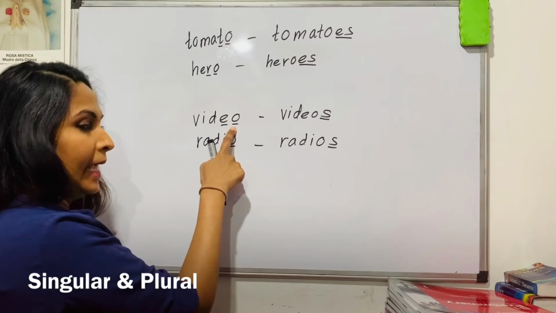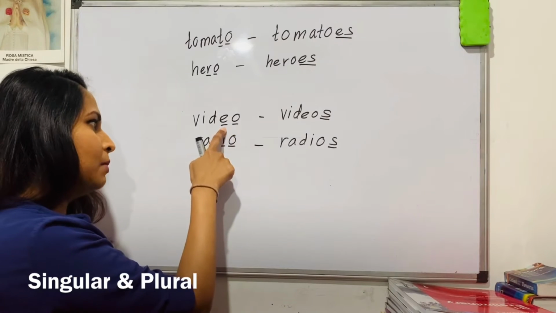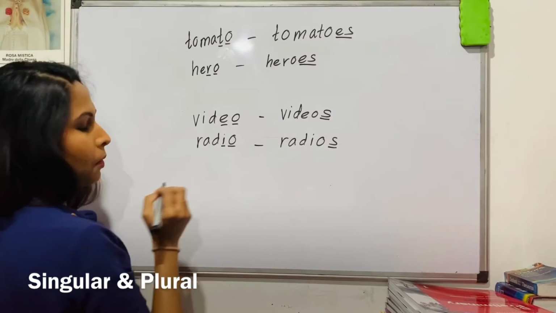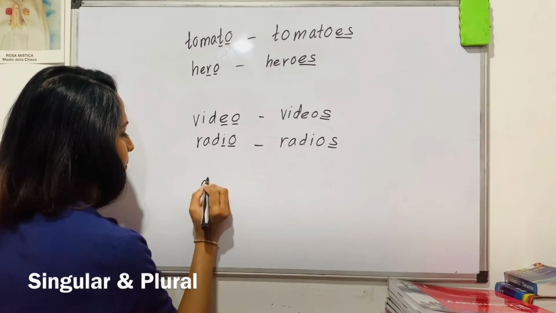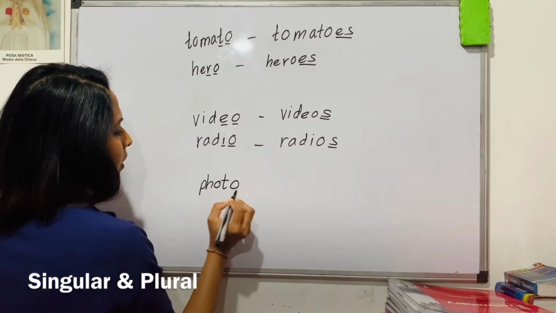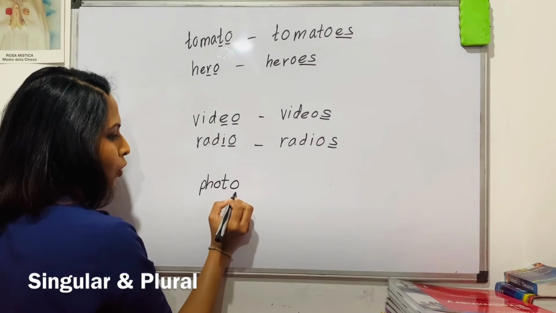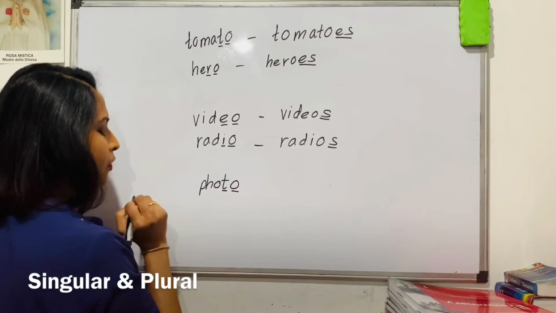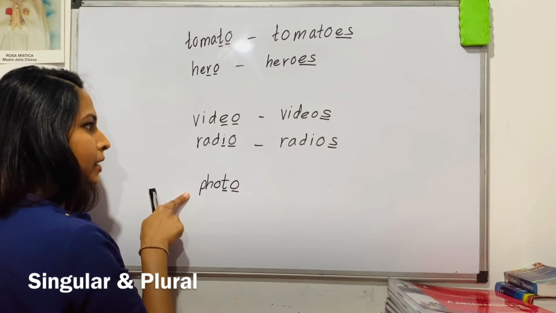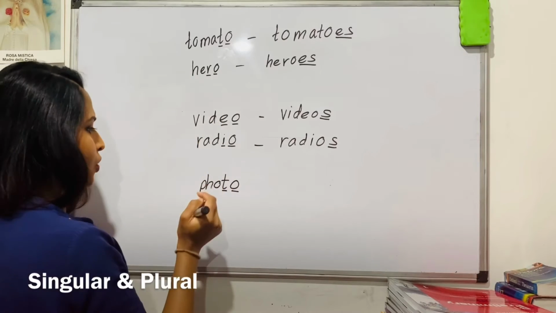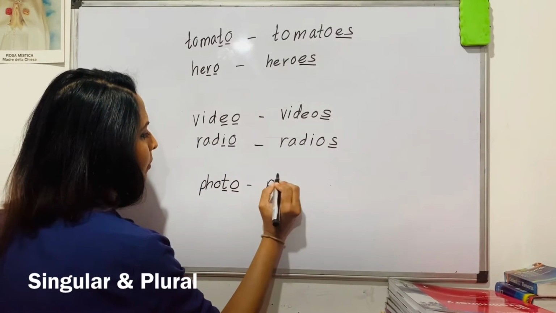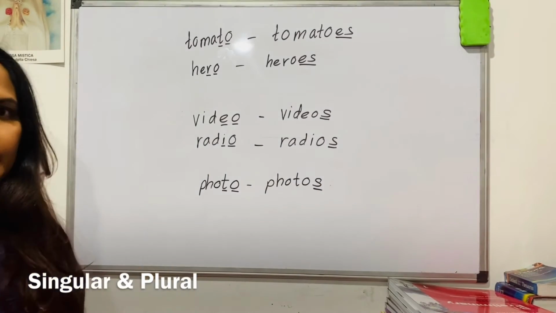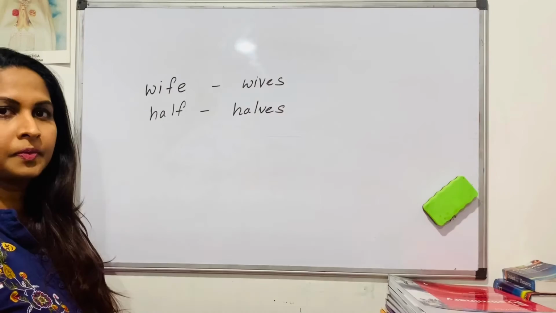If the word ends in O and it has a vowel before that, you have to add S. But just look at this word photo. This word also ends in O and it has a consonant before that. But this word does not follow this rule and we write the plural of that by adding an S only.